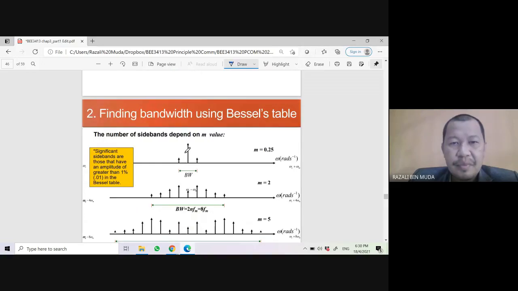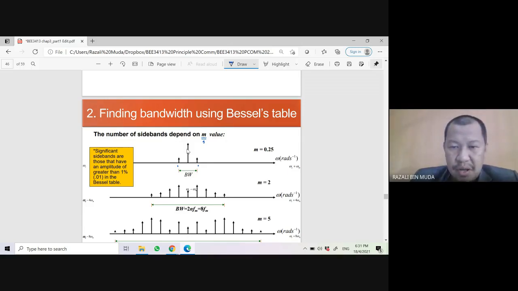Okay. So bandwidth basically is from the lower to the highest frequency. The number of sidebands depends on m, the modulation index value. Significant sidebands are those that have an amplitude of greater than 1% in the Bessel table.